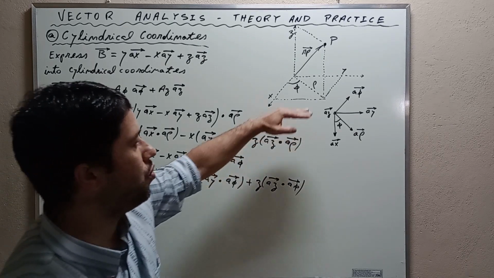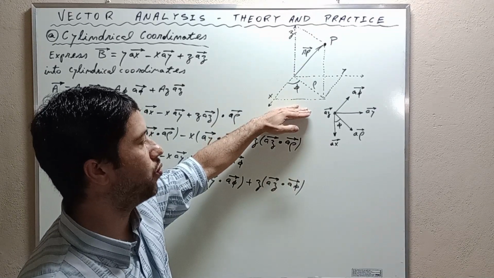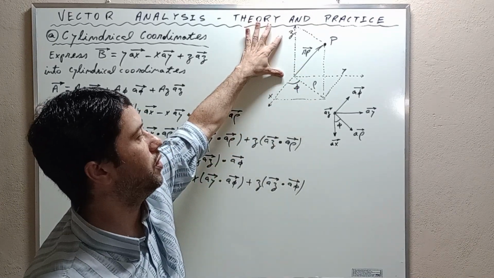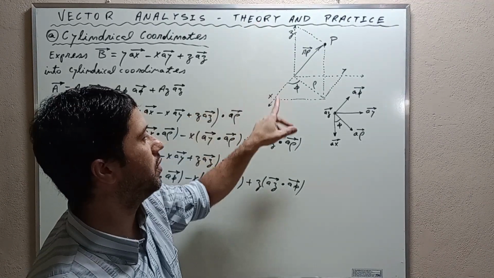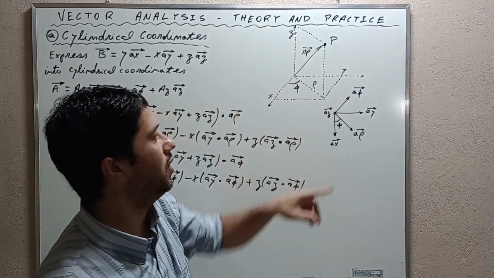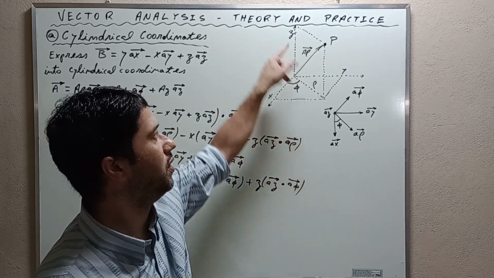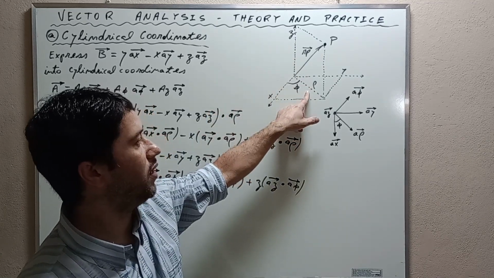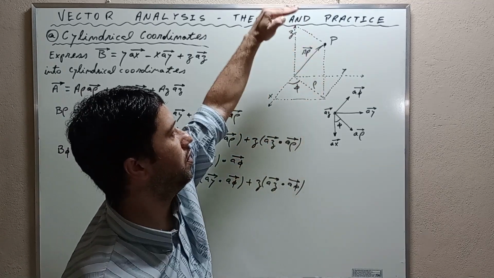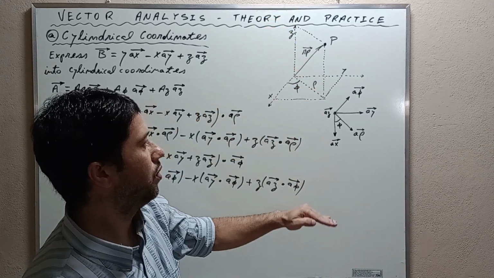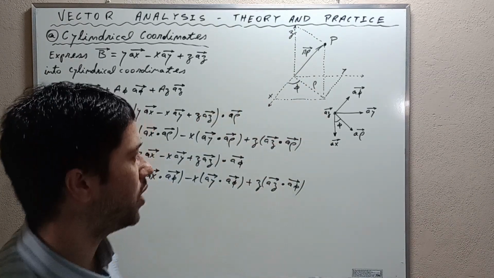And to move this upwards or downwards the xy plane, we need z. Okay, that's why a vector expressed in x, y, and z can be expressed as rho, phi, and z. Okay, rho and phi locate the vector in the xy plane, and z translates it downwards or upwards the xy plane.